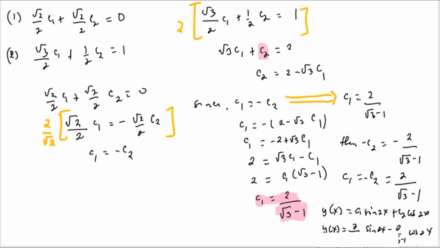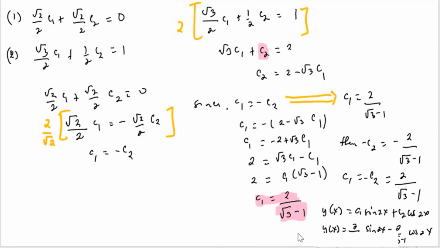Or you can factor out the common factor of 2 over square root of 3 minus 1, so we can write y of x is equal to 2 over square root of 3 minus 1 times the quantity of sine 2x minus cosine 2x.